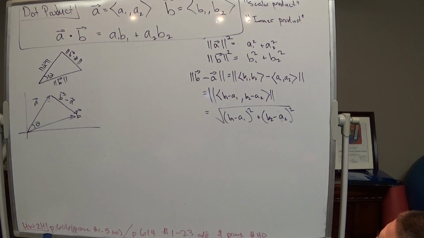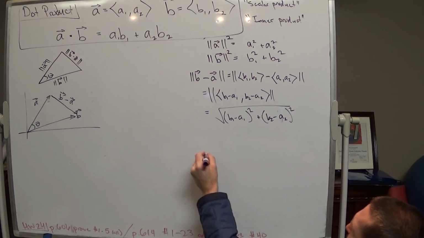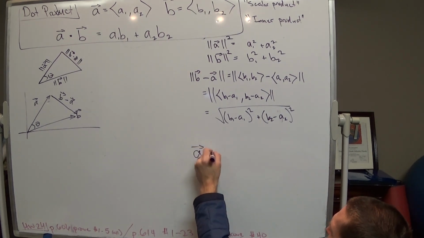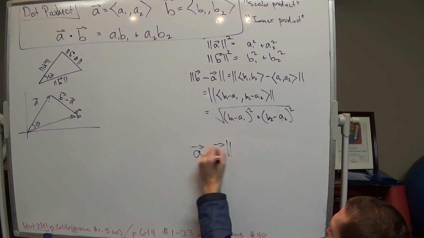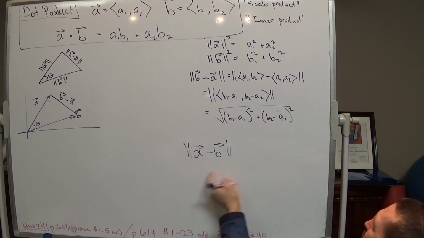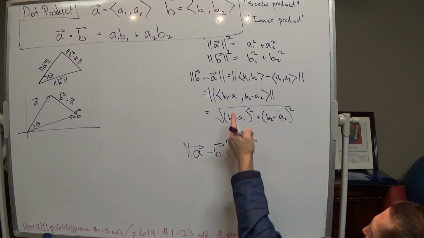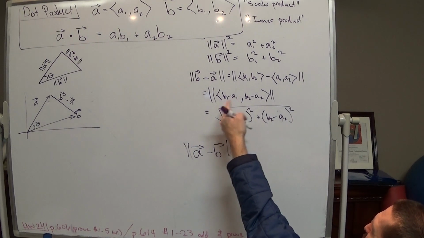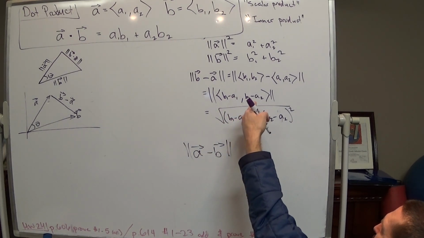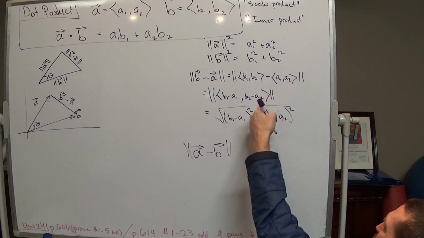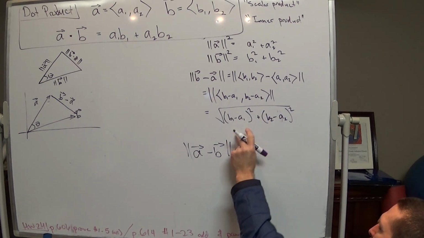Now, it's just one thing. I'm just going to stop and do this. Had we done it the other way, where it was a minus b, the only thing that would have been different is that instead of b1 and a1, we would have had a1 minus b1, and a2 minus b2. But then you square them, right?